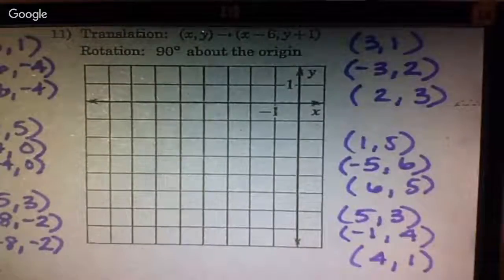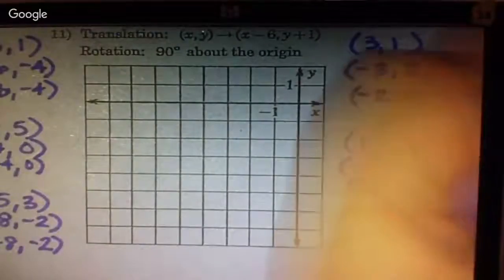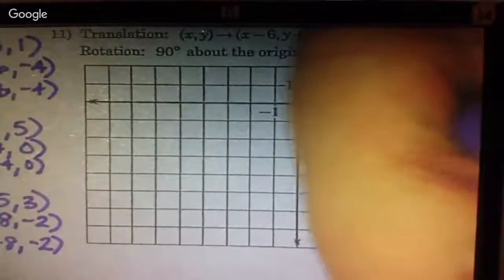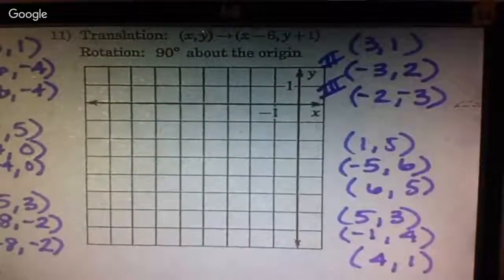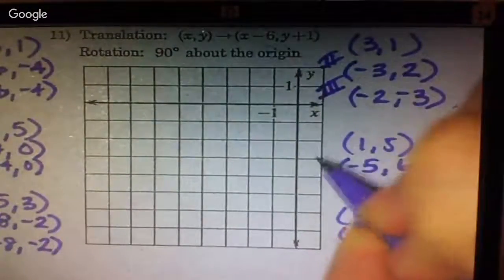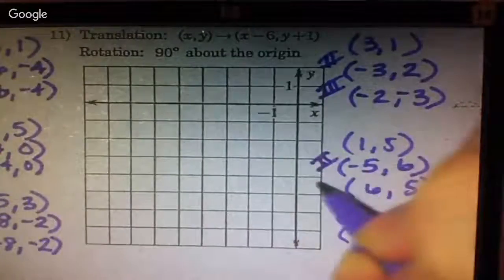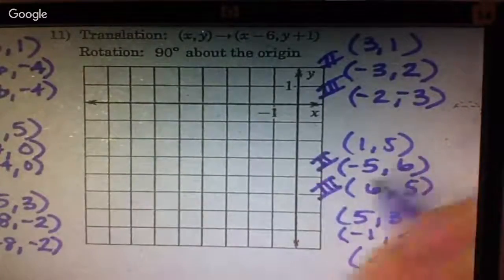So I start in the negative positive quadrant, so I'm in 2. I'm going 90 degrees counterclockwise, so I'm going to quadrant 3, negative, negative. The next one starts in 2, so we end in 3.